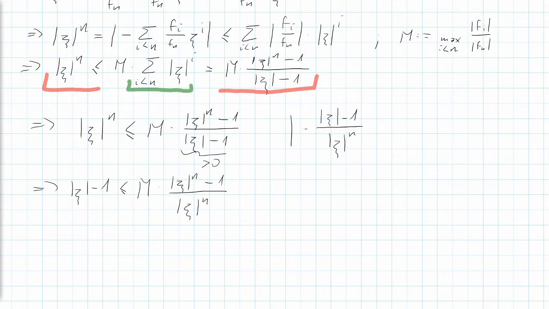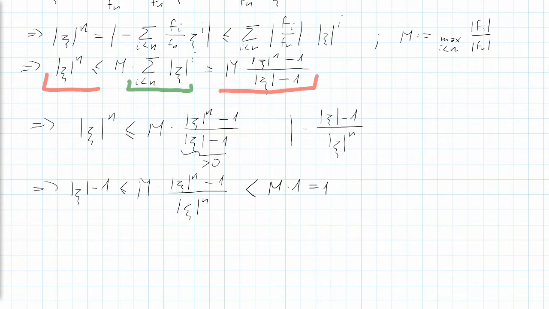But now, in this whole fraction, the numerator is strictly smaller than the denominator. And of course, both the numerator and denominator are positive numbers, but the denominator is greater than the numerator. So this whole fraction is strictly less than 1. So this is strictly less than m times 1. Of course, m times 1 is m.